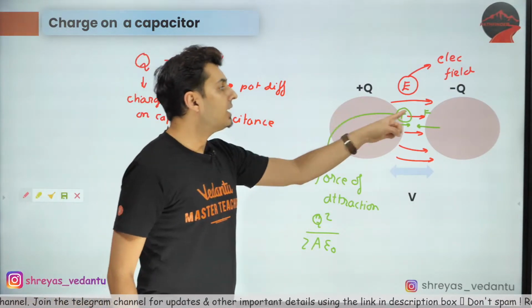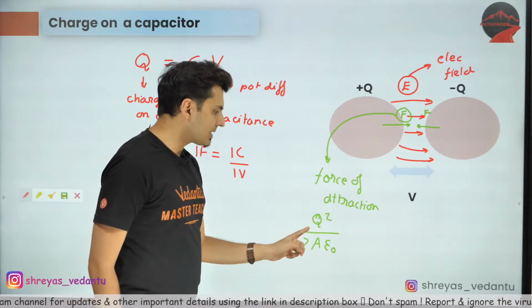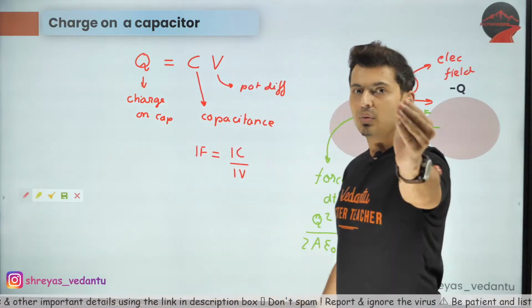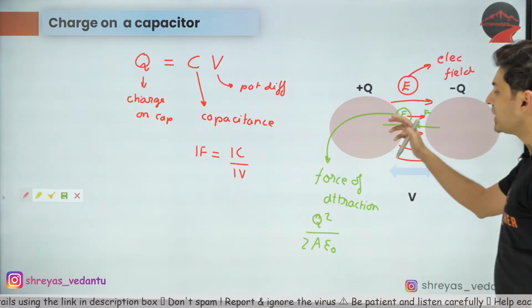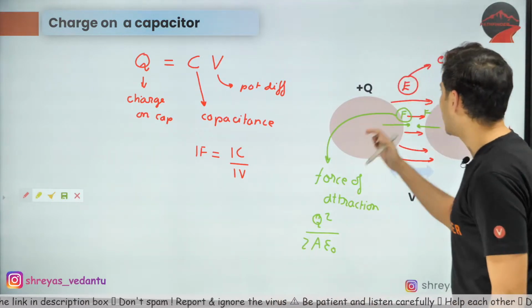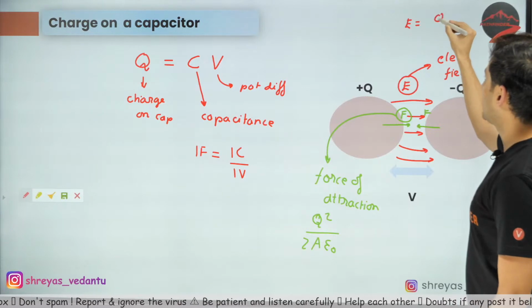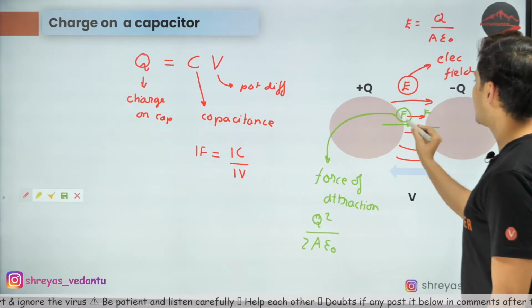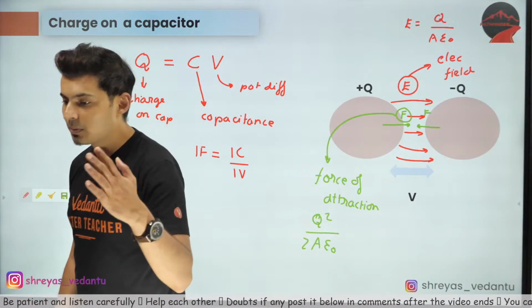Similarly, the field between the plates is very similar to this formula, except that one Q will not be there and the 2 will also not be there. That's how you can remember it: Q and 2 are not there in E. So for the field formula, only Q by Aε₀. This is the field between the plates of a capacitor. I hope this is clear.